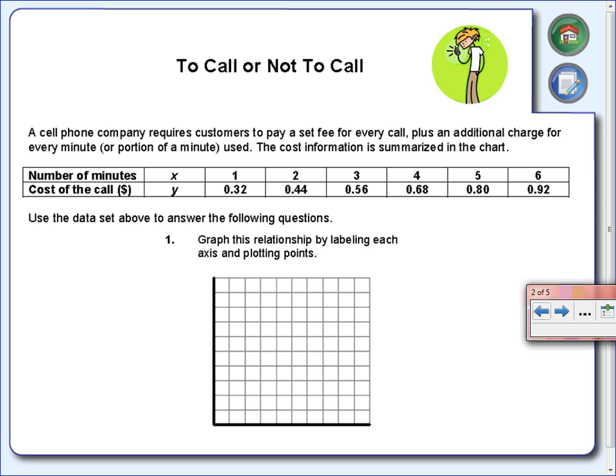If you get stuck on one of the questions, don't let it hold you back. Skip it, answer some of the other questions, then come back to it. Maybe something will click.